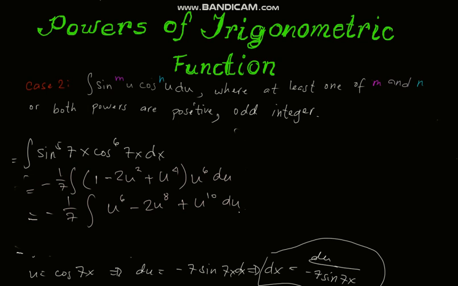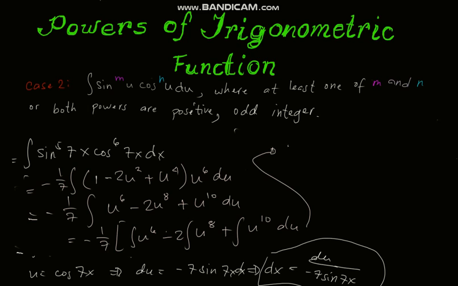So now what I'm going to do is to integrate. Negative 1 over 7 integration of u raised to 6 minus 2 integration of u raised to 8 plus integration of u raised to 10 du.